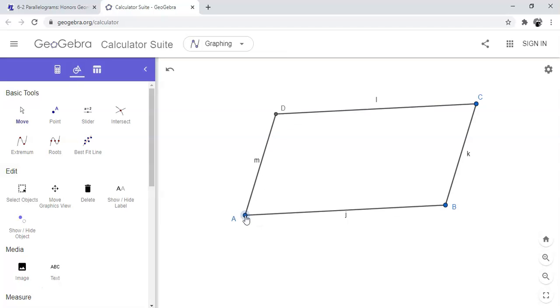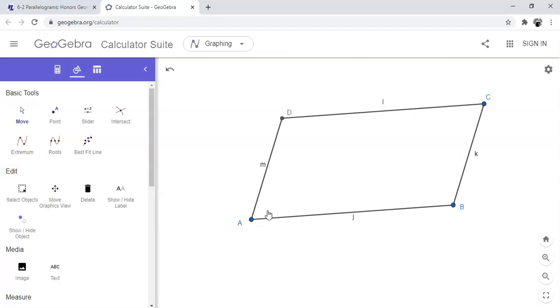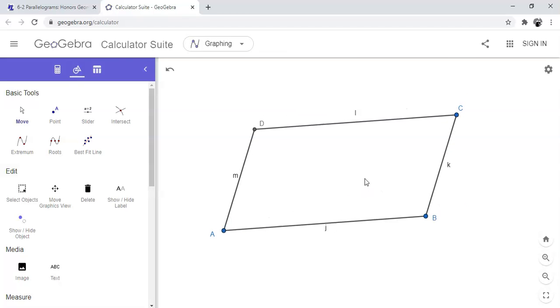So what we have here is a four-sided figure, and the main property that we set with it was that we made opposite sides, the sides across from each other, like L and J, parallel.